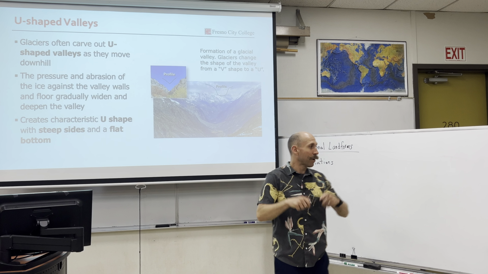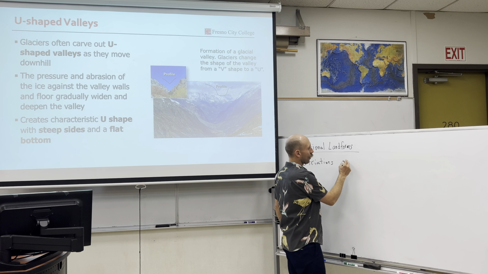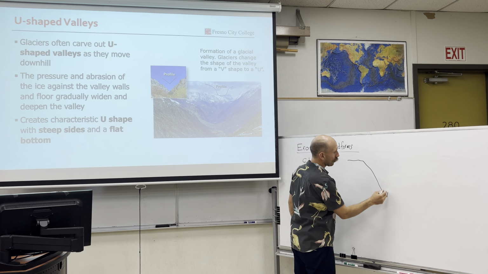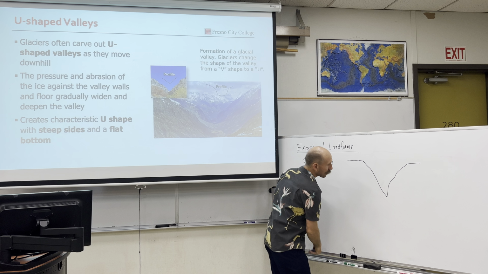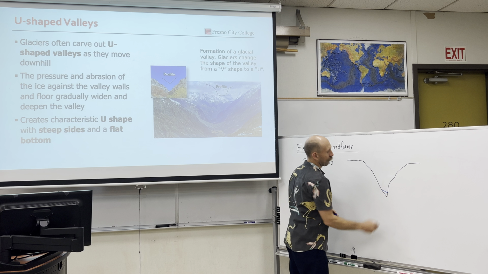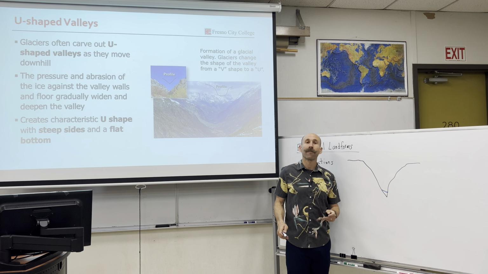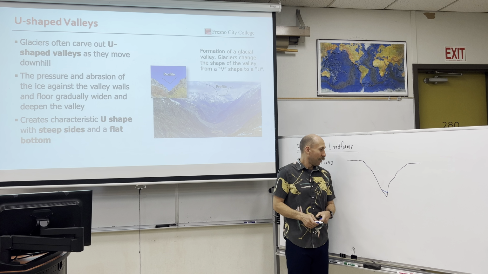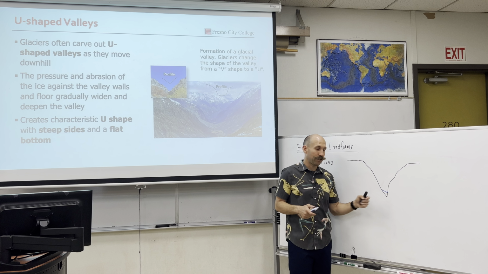So the big one here is when a river is carving into the landscape, it has a very distinct V shape. River valleys and canyons that have not experienced glaciation have a characteristic V shape.